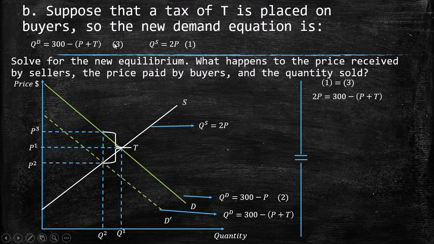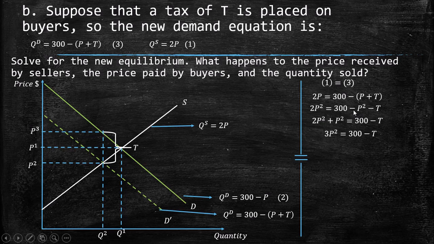So here we have the equations again, 1 equals 3. This one is just P, not P squared. This is just the notation of P2, the P2 that I'm going to find.